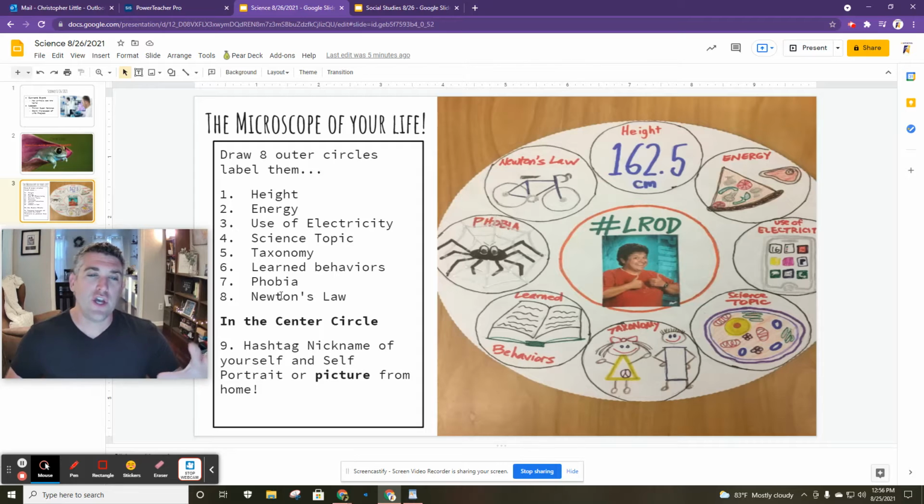For each one of these, you're going to provide an example, okay? And on your sheet, there's going to be a little bit more information about each one of these. The purpose of this assignment is for me to learn about you and you to learn a little bit about yourself. I'm going to be looking over these to make sure that I can learn a little bit about each and every single one of you.